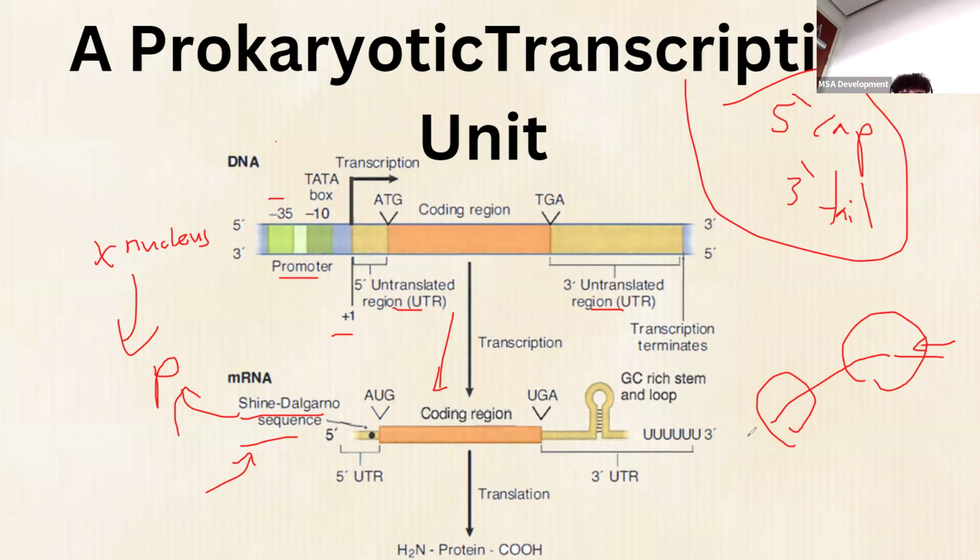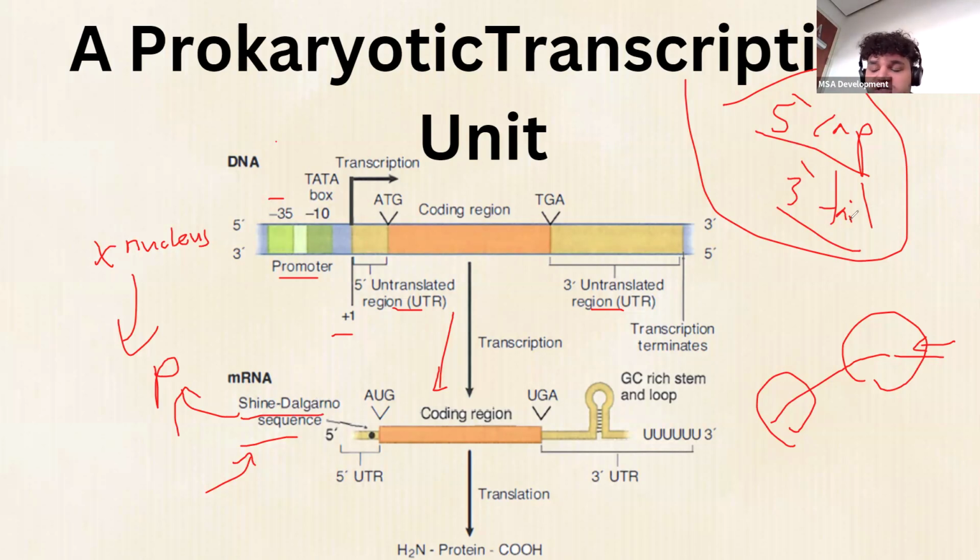The RNA, the second it's transcribed, can get translated. It does not have to go into further processing. That's the first difference. Second difference, in prokaryotes I have Shine-Dalgarno sequences, which are the ribosomal binding site. Third difference, there's no 5' cap. Fourth difference, there's no 3' tail.